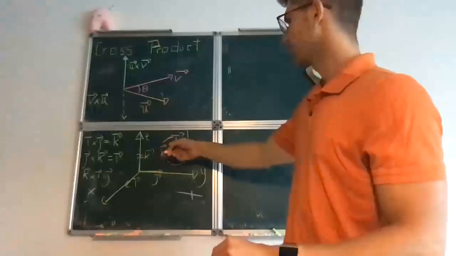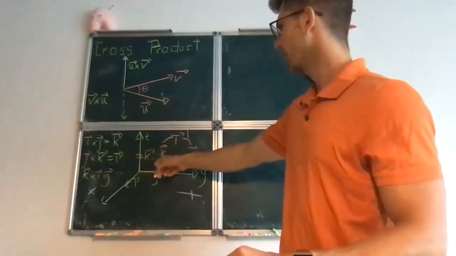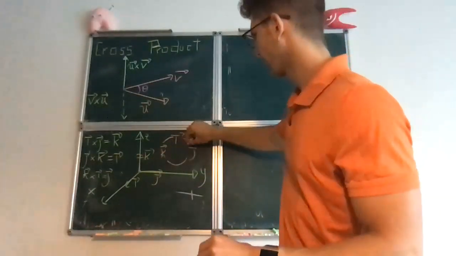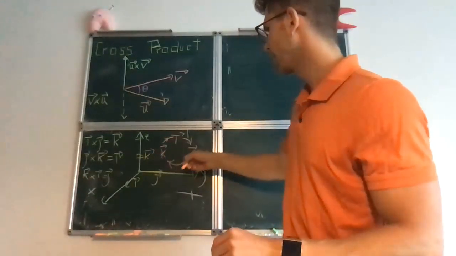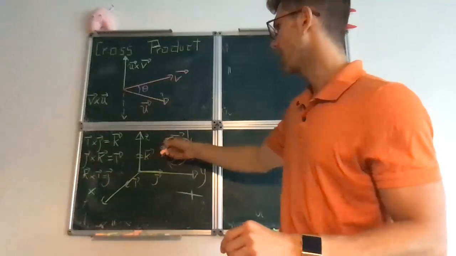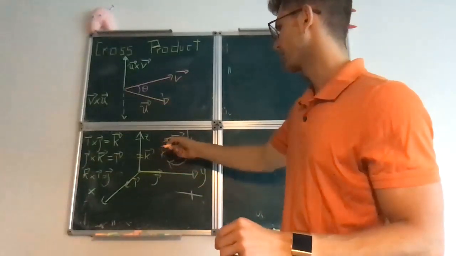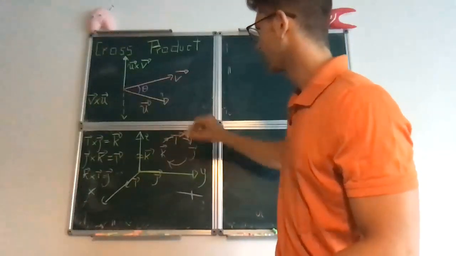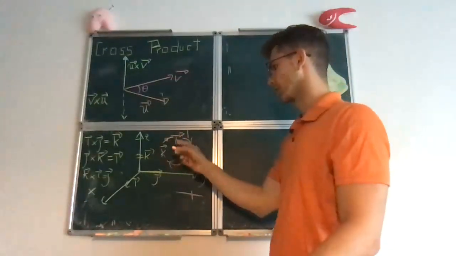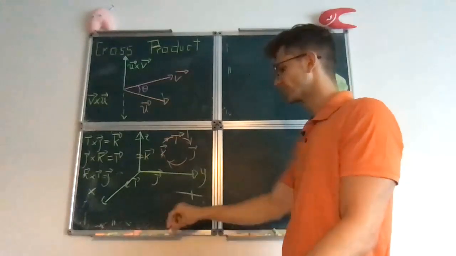And so when you do i cross j, you get k. When you do j cross k, you get i, and when you do k cross i, you get j. So you see, that's one way to remember the conventions.